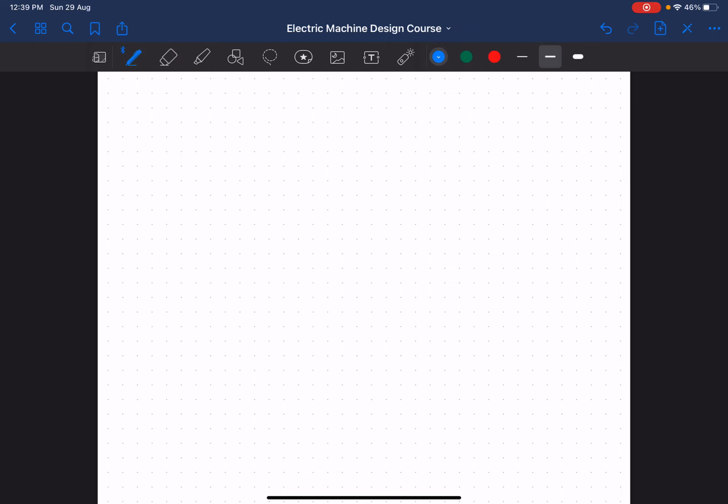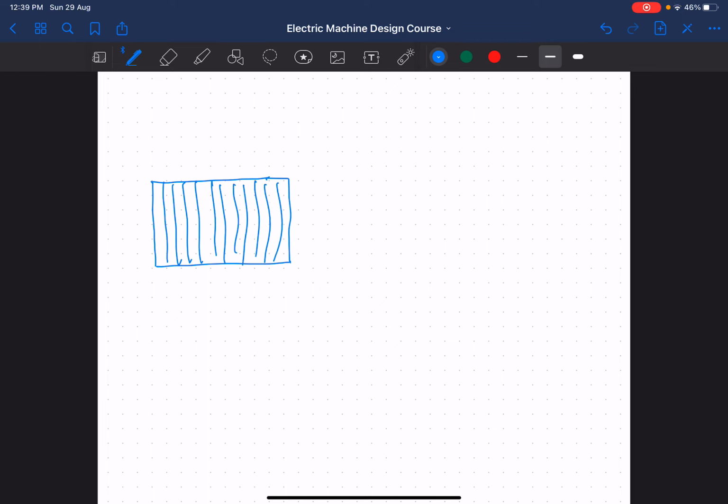In the first case, if this is the core, and if this is the LV winding, let me draw this here.